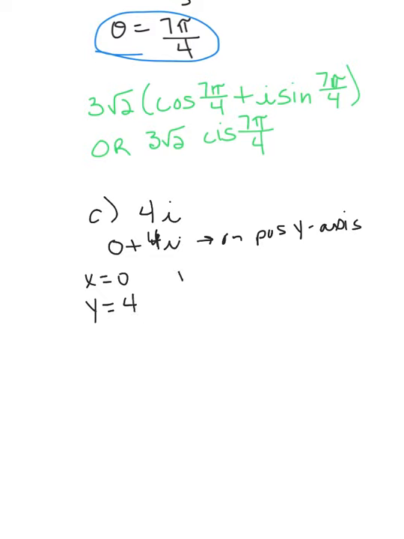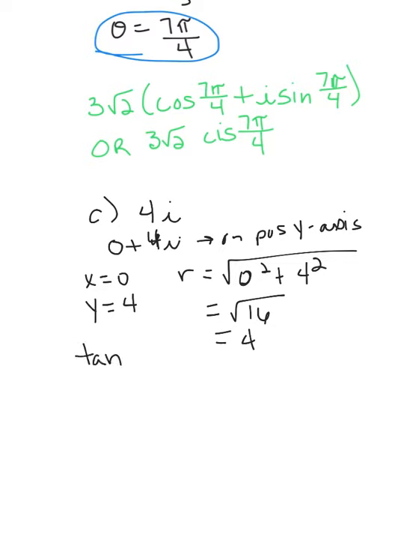To do r, we're going to do the square root of 0 squared plus 4 squared, which gives me the square root of 16, which is 4. The tangent, you can still do that. You get the tangent of theta being y over 0, which is undefined. So we have to think about, where is tangent undefined? It is undefined on the y-axis, and it could be two different angles on the y-axis.